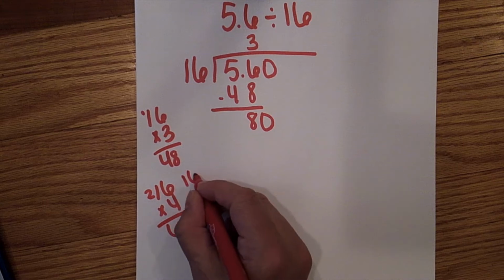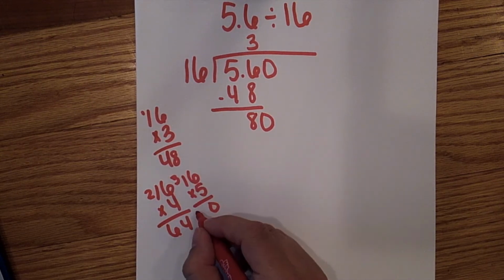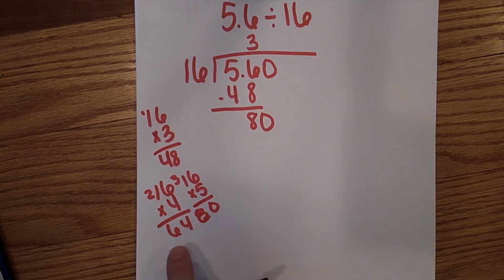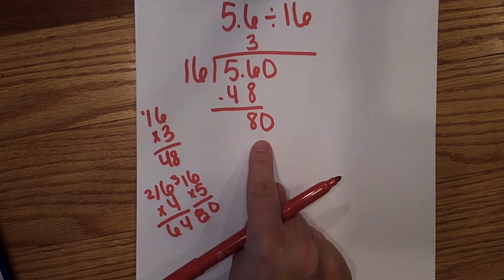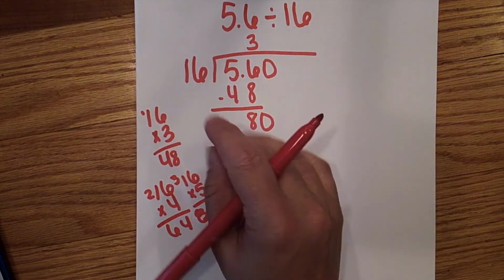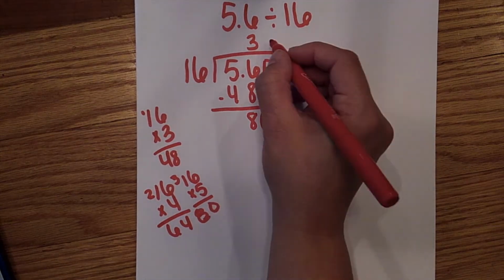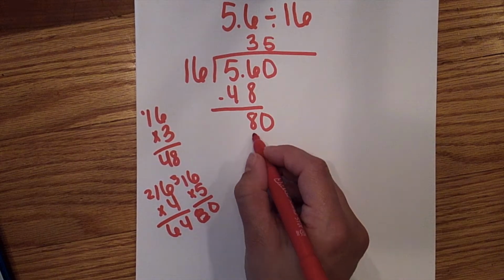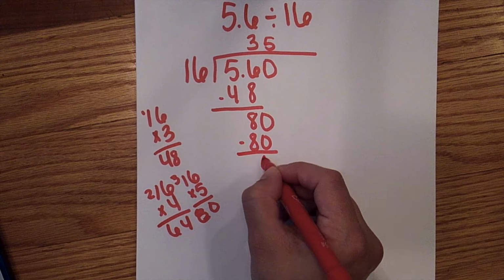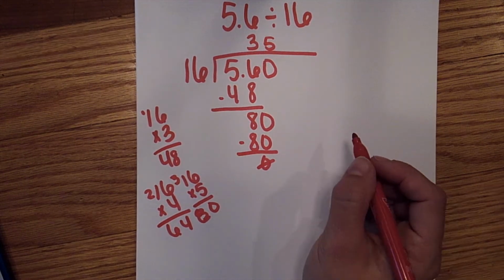Let's do it again. 16 times 5. If ever you went with something like 64 and then you would subtract, you would find that your number would be bigger than 16, and you would know to erase that work and put one more group in that is actually going to take 5 groups of 16, which is going to give me exactly 80. No more remainder.